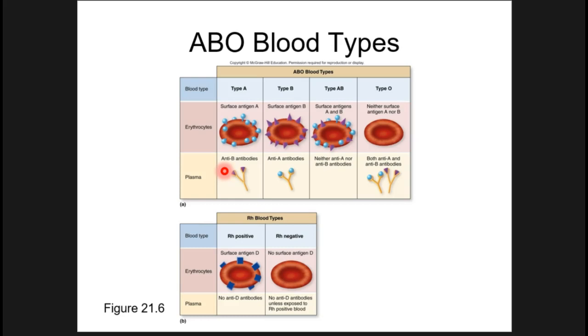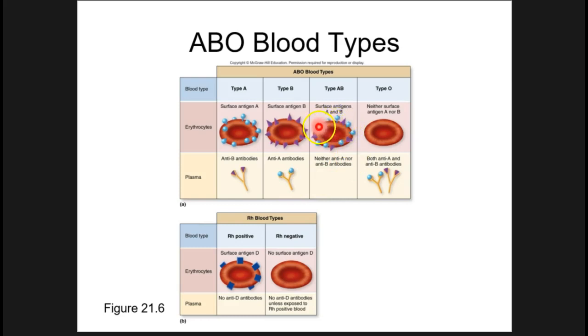This is the first hurdle. How are we doing with this first hurdle? Okay. If you have surface antigen B, you cannot have the anti-B antibody. That would kill you. You will have the anti-A antibody, but you will have it. Yes, if you had the antibody for your antigen, it would kill you.